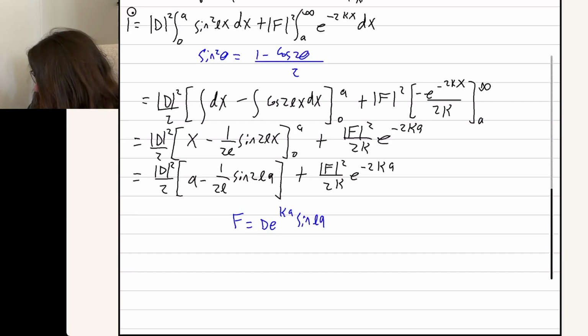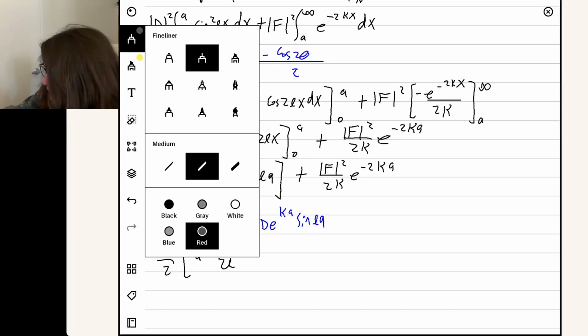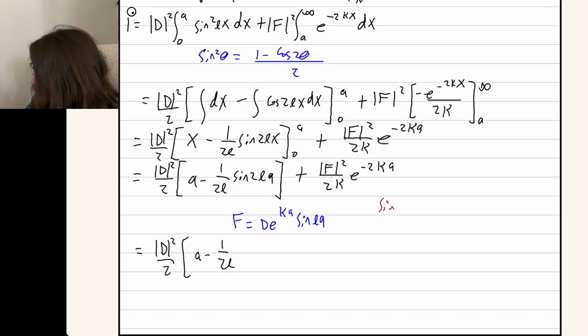Rewriting the normalization integral, we have 1 over 2l sine 2la, and let's try to reduce that sine 2la, because we also have the trig identity sine 2 theta equals 2 sine theta cosine theta.